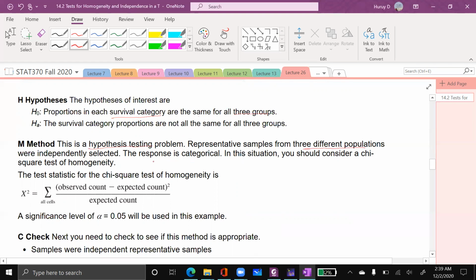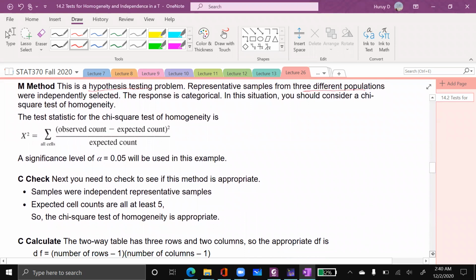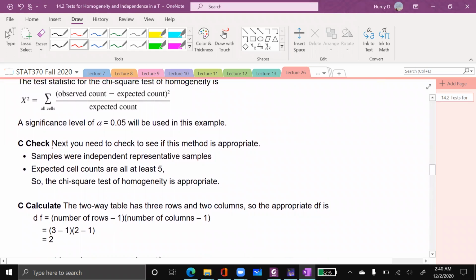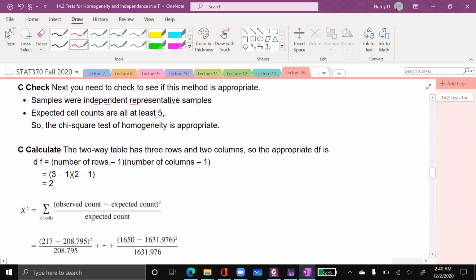The response is categorical, so we have to consider a chi-square test for homogeneity. Then we check the conditions: the samples were independent, they were representative samples, and the expected cell counts are all greater than 5. We've seen that. So the chi-square test for homogeneity is appropriate, because all the conditions are met.